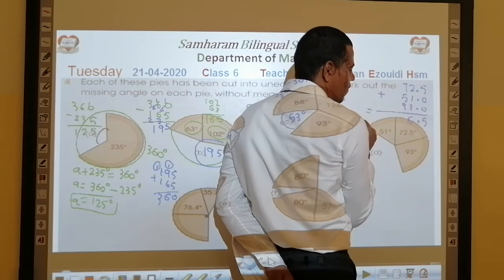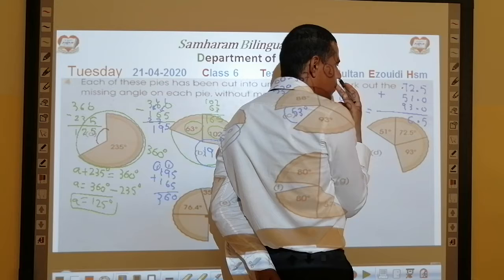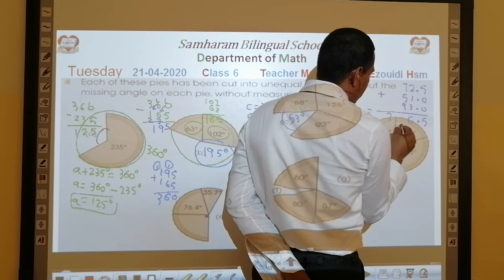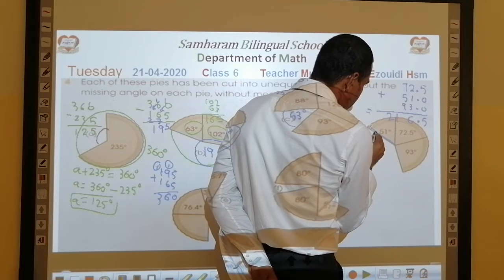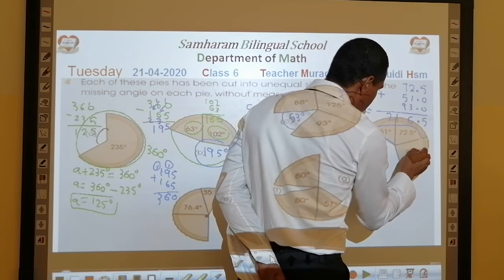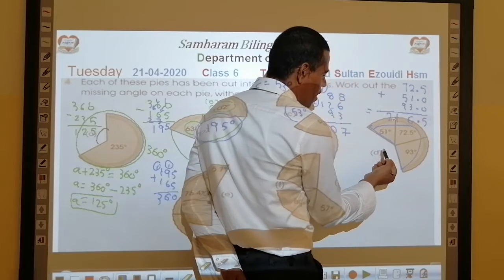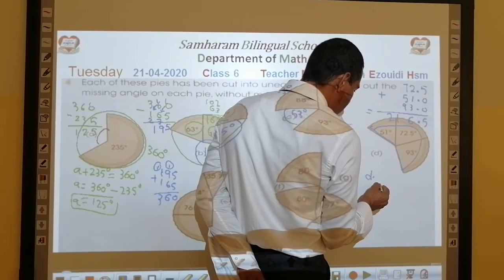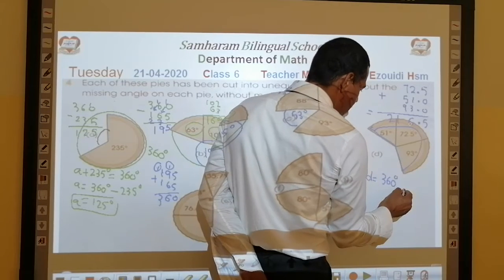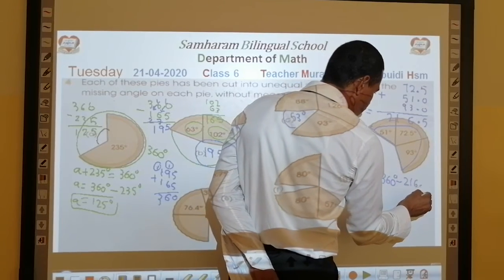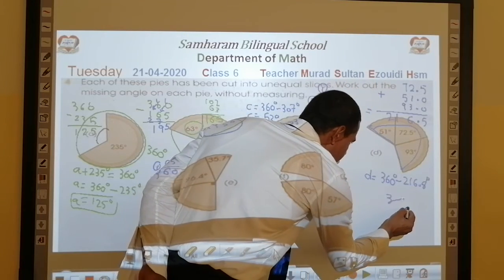Then 9 plus 5 is 14. 14 plus 7 is 21. So the total of this, my kids, is 216.5. To find D, D equals 360 minus the total, minus 216.5 degrees, of course. So this is 360. Sorry.